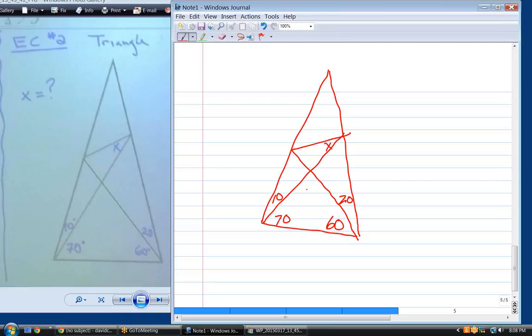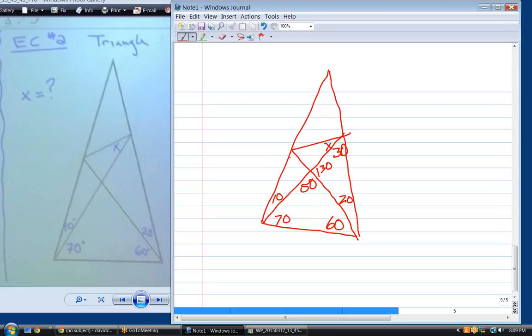So what's this angle right here? That one is 50 degrees. Okay. If that's 50, what's this one? That'll be 180 minus 50, so 130. Now what's this one up here? 30 degrees.